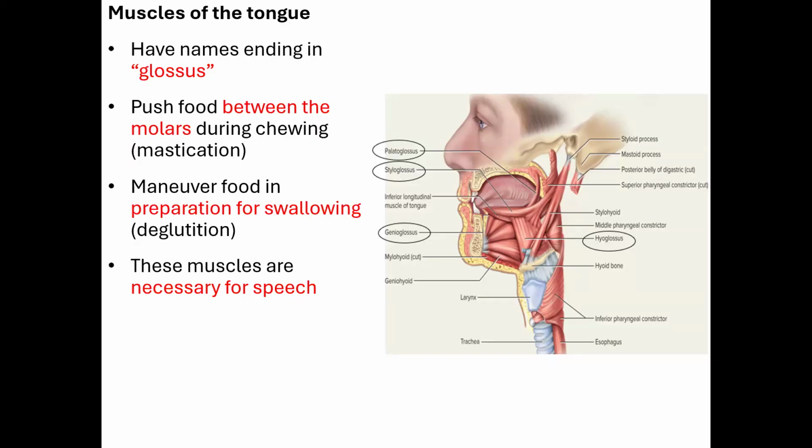So from the pharynx, it goes through the esophagus and reaches the stomach. From the stomach, where does it go? Small intestine. From the small intestine, it goes to the large intestine. And from the large intestine, it goes into the rectum and then the anus, and it is pushed out.